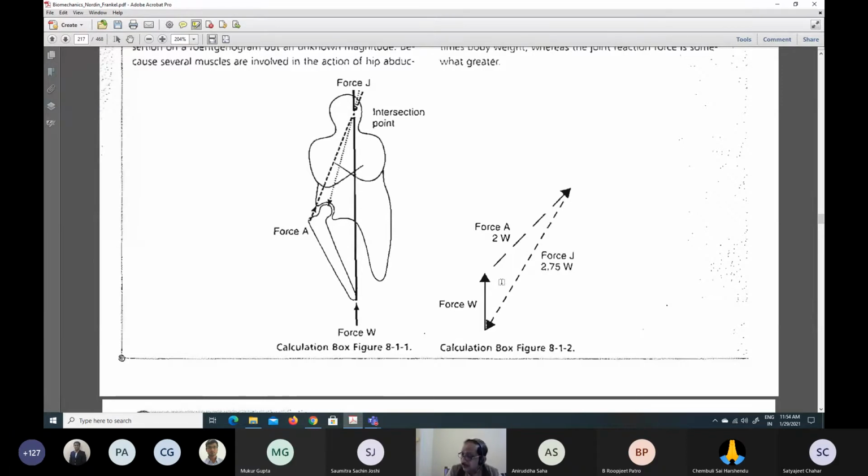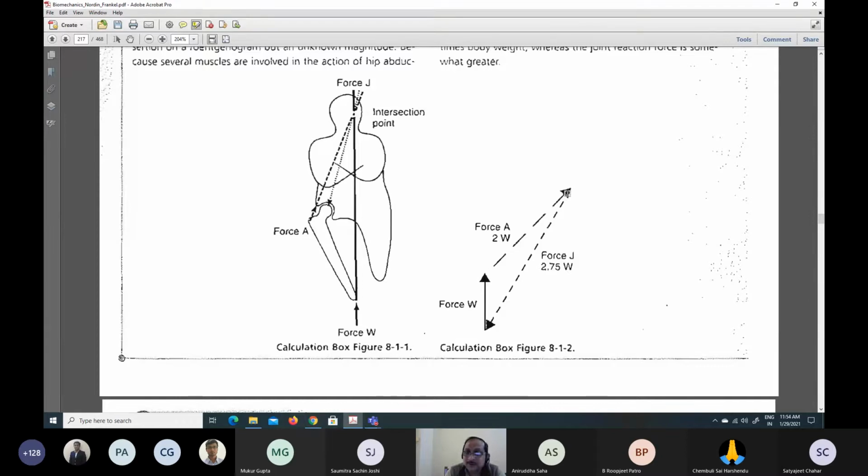The joint reaction force is a reaction force, and the quadricep is an active force. Muscle forces are active forces, and joint reaction forces are passive forces, like the forces applied by ligaments. The joint reaction force results from a set of active forces acting on a particular bone or joint.